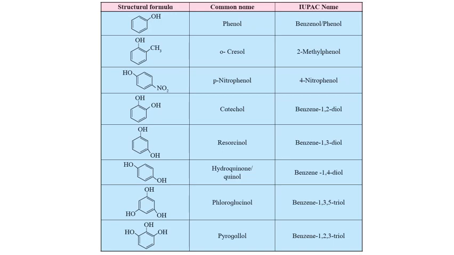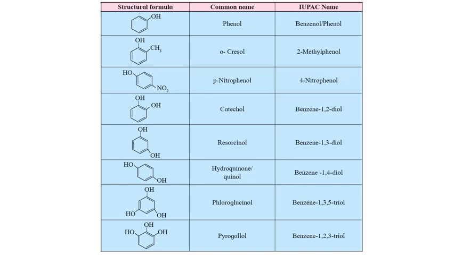Next example, two hydroxyl groups attached to the first and the second carbon atoms of the benzene ring. The common name is catechol and the IUPAC name is benzene-1,2-diol. Next one, benzene-1,3-diol.